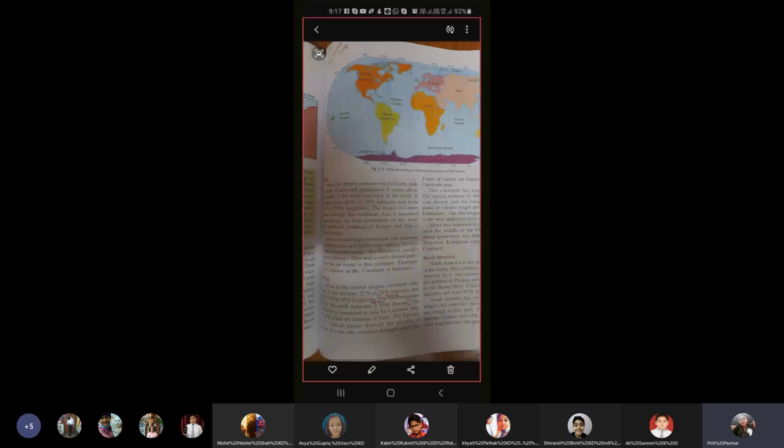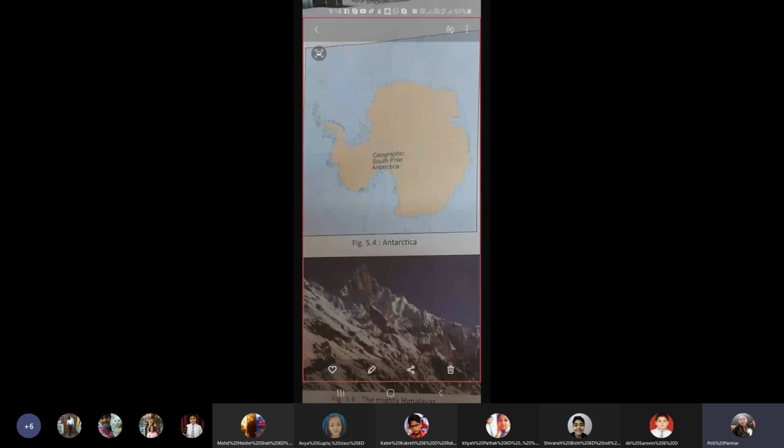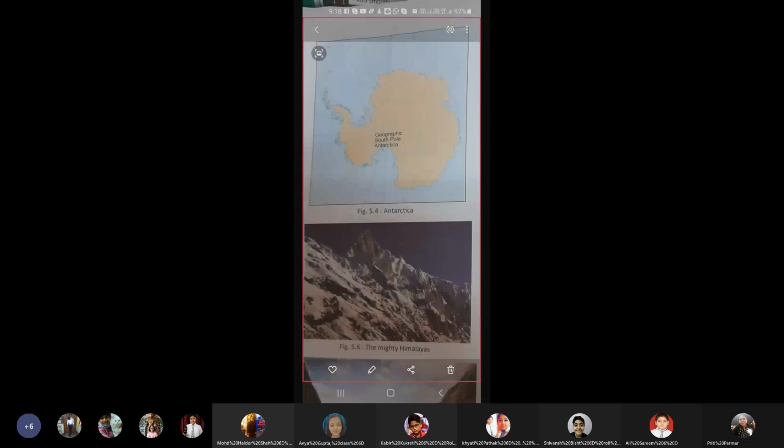Okay, so here you can also see that it is surrounded by the Pacific Ocean, the Atlantic Ocean, and the Indian Ocean. Now that is why all these three oceans together, near Antarctica, are known as the Southern Ocean. I repeat, all these three oceans are a major part of forming the Southern Ocean.